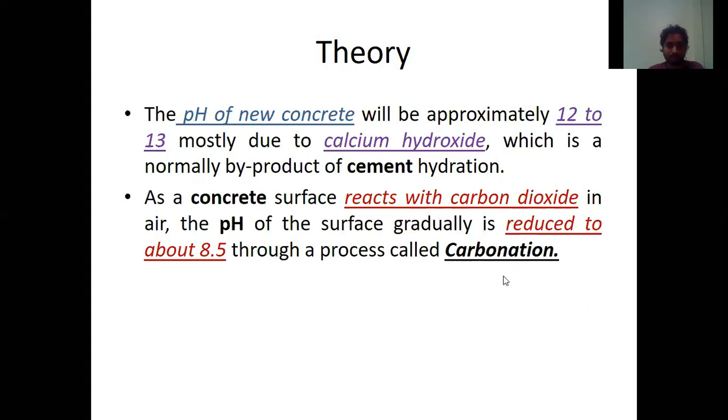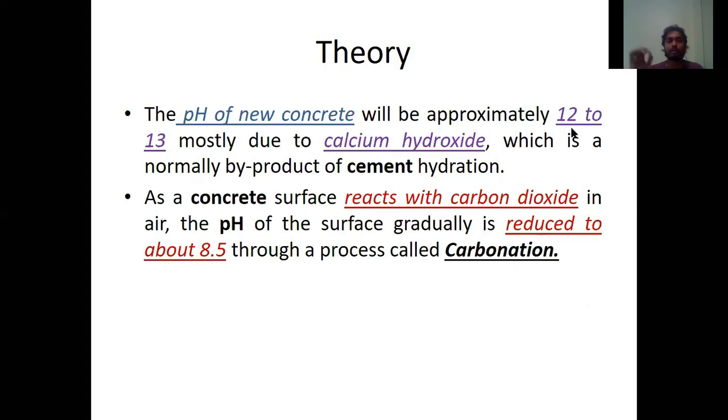So the whole process is called carbonation, in which carbon dioxide penetrates into the concrete through the cracks or pores, and it reduces the pH. Basically, it reduces the pH to 8.5, and we don't require the pH of concrete to be that low. We require it to be as high as possible.